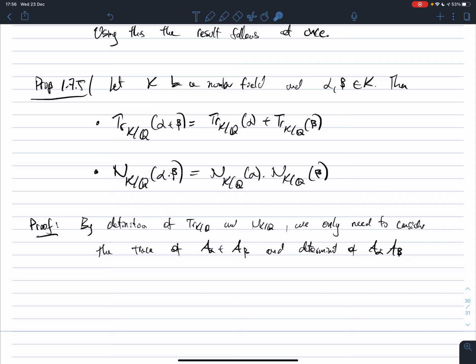But we know from linear algebra that the trace of the sum of two matrices is the sum of the traces, and the determinant of a product of two matrices is the product of the determinants.